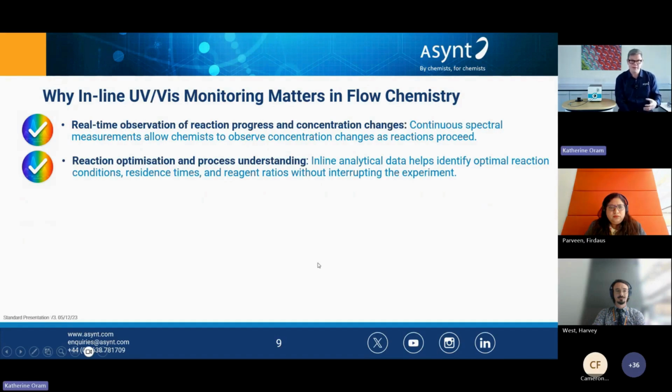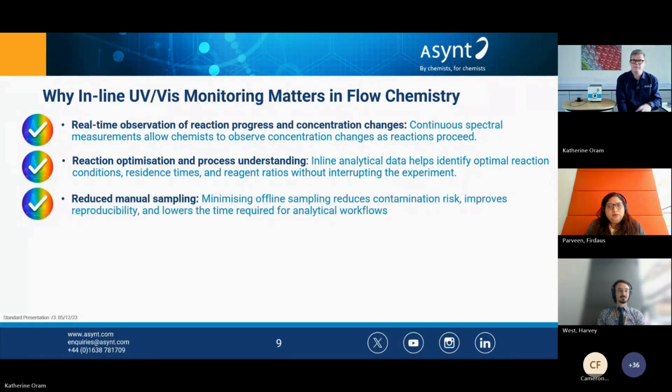We can use this for both process understanding, so reaction understanding, but also reaction optimization and development. We can monitor our reaction conditions, whether that is residence time, stoichiometry, temperature, etc., without interrupting our experiments.